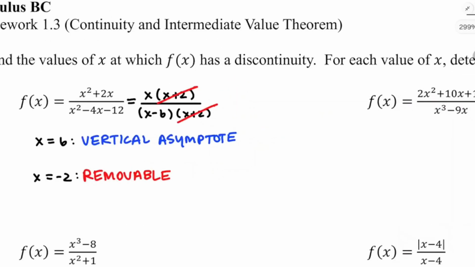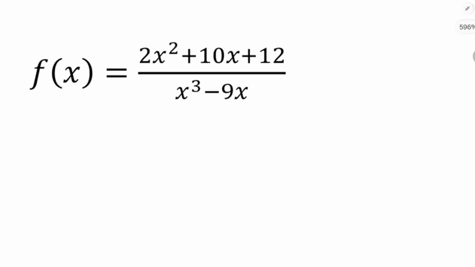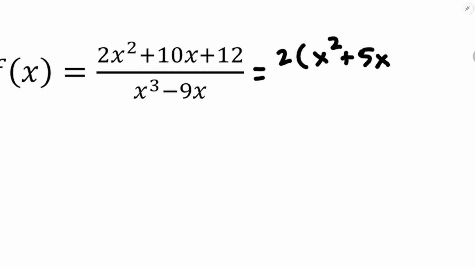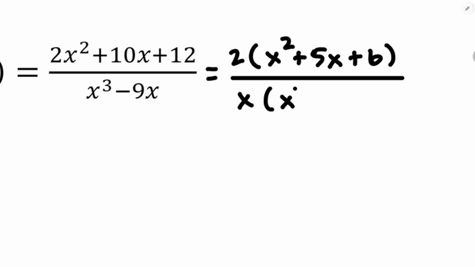Now we've got this next one over here, and it looks like just some more factoring. First I'll start with 2. In the denominator, I'm going to factor out one power of x, and I'll be left with x squared and a -9.